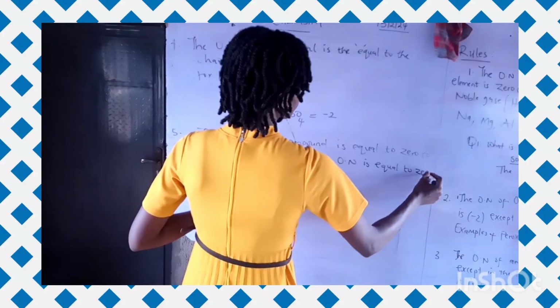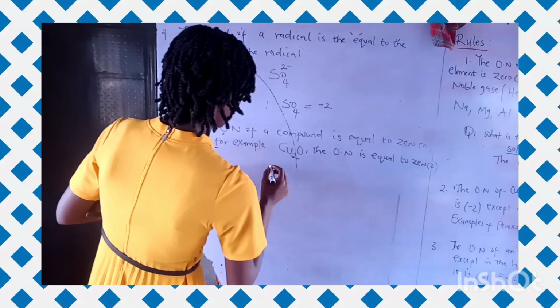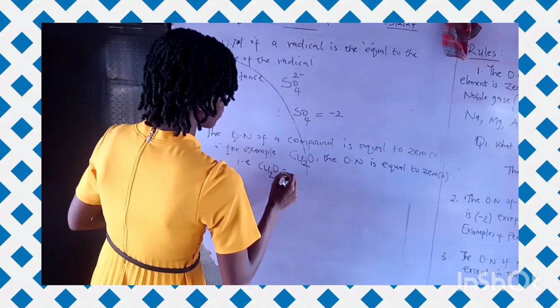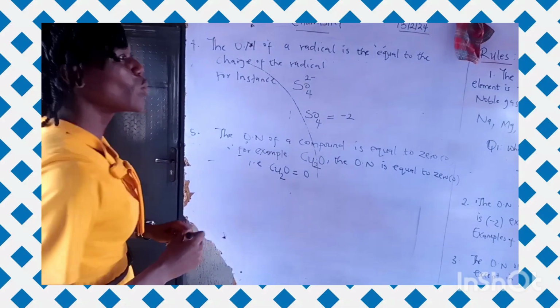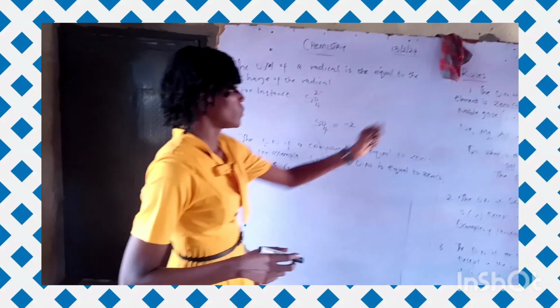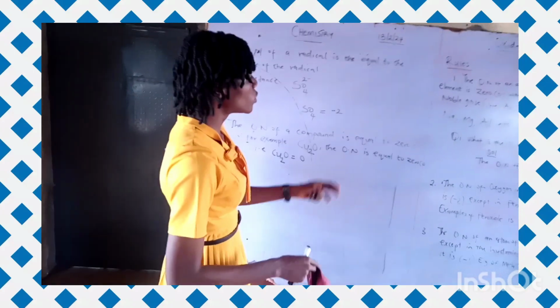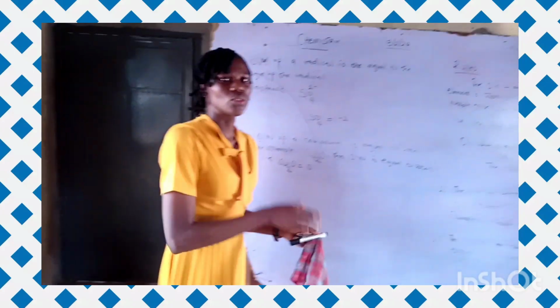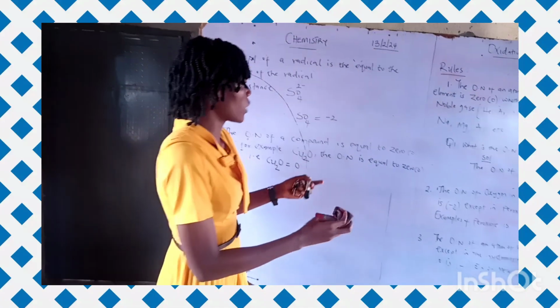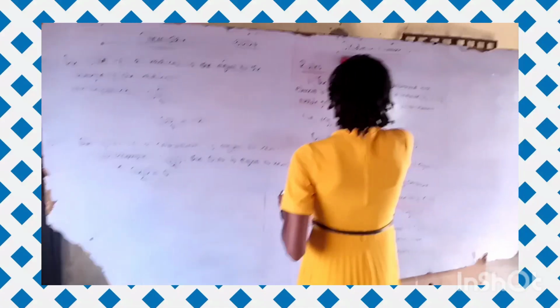Okay, that's what it means. So when you note these rules, it will help us to solve the questions which I'm going to outline here. Okay, so with this, let's solve one question.